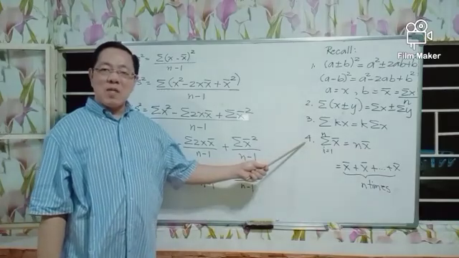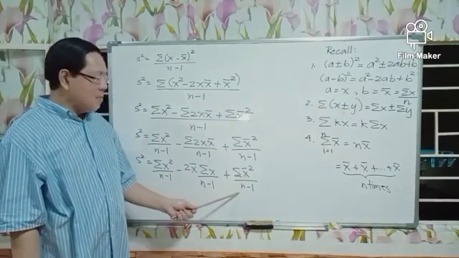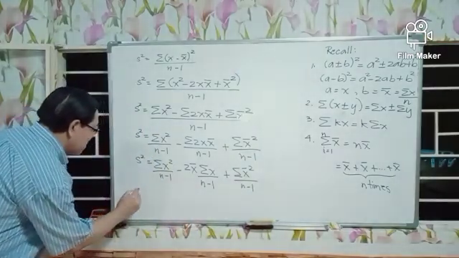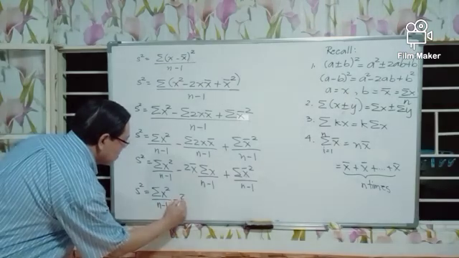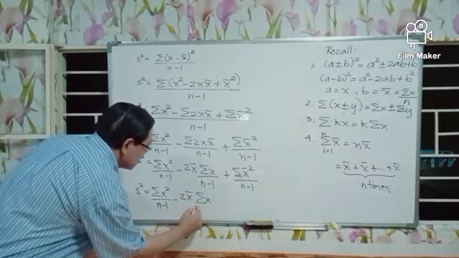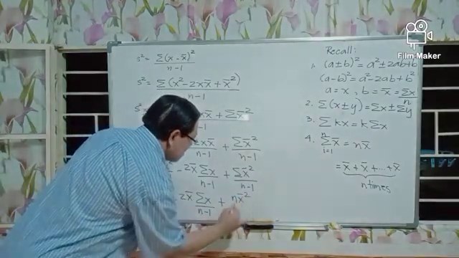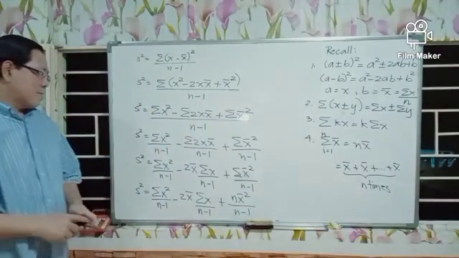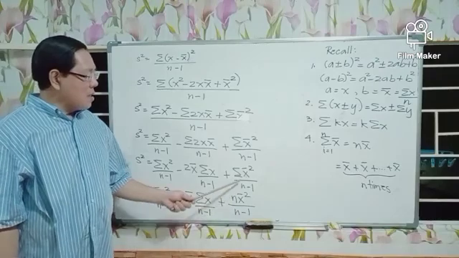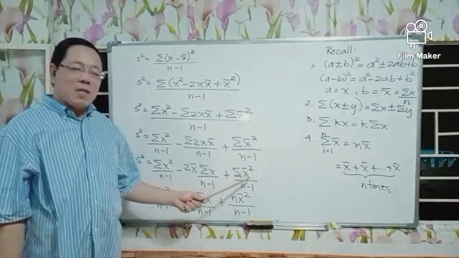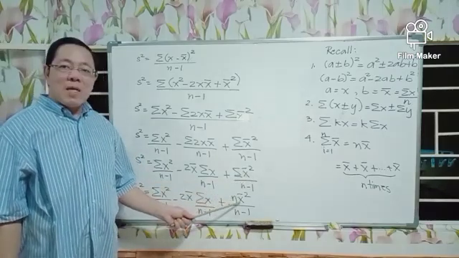Applying this property of sigma notation, this last term is equal to n multiplied by x bar squared divided by n minus 1.